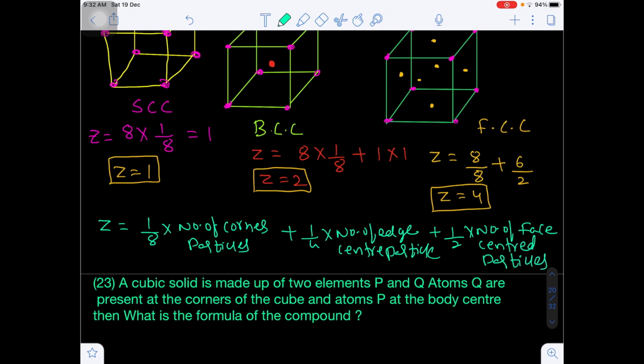This is the overall calculation of the effective number of atoms per unit cell Z.